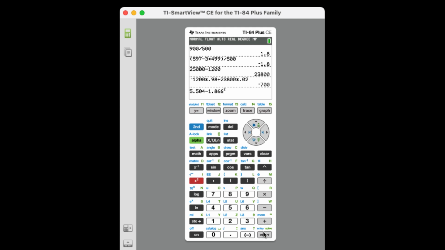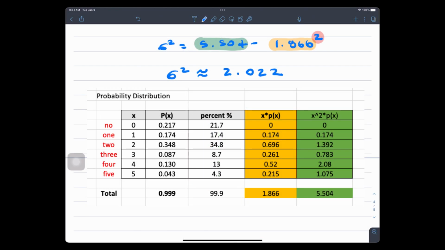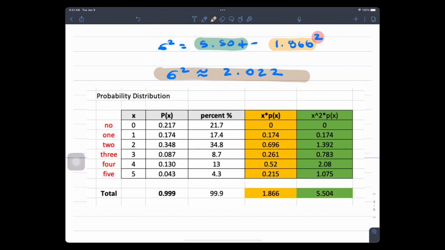Square that, and what do you guys get? 2.022. If we go to the nearest thousands, okay? Going to the nearest thousands, this is what this is. So you can get the variance for any distribution. There's your variance here.